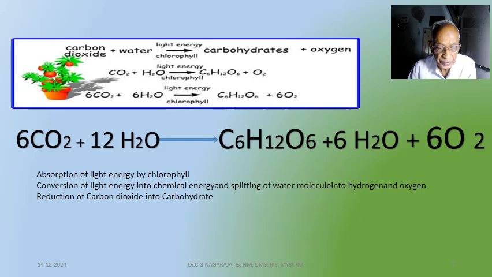So inside this, when carbon dioxide goes in, there is already water. Water has come into the cells through the root and then all the way to the leaf, and they also contain minerals. This water molecule contains hydrogen and oxygen, and carbon dioxide contains carbon and oxygen.